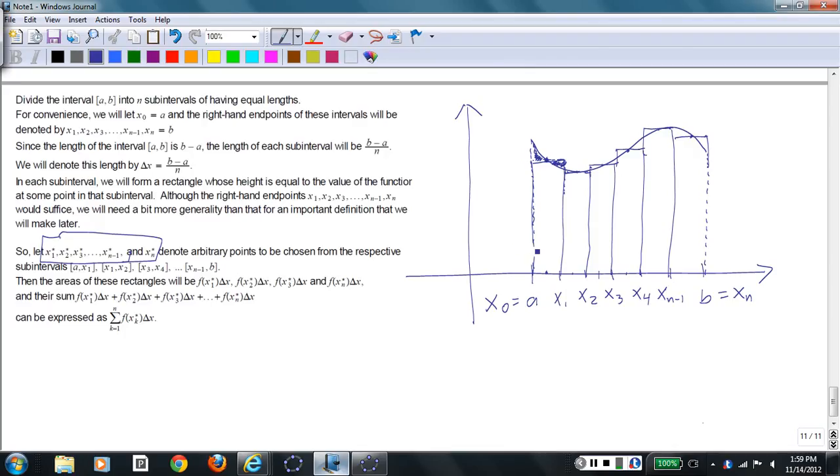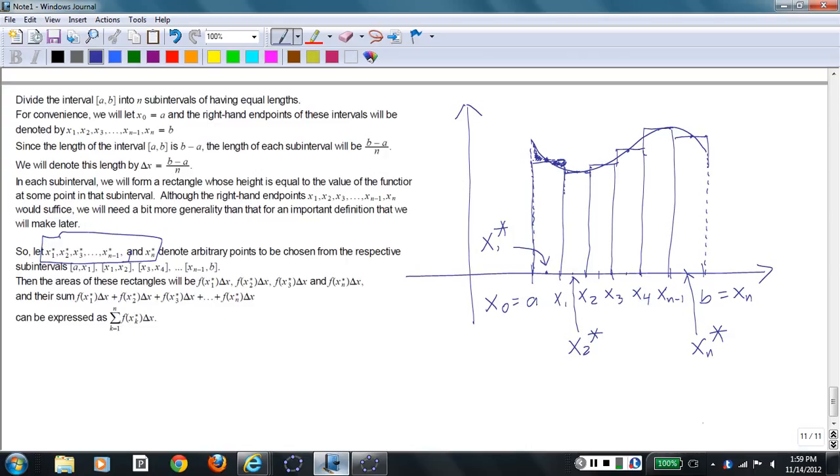This first one is called x sub 1 star. The next one is called x sub 2 star. And so on until the last one is called x sub n star. It's important to know exactly what those values are because we would evaluate the function at those values, and the function values tell us how high the rectangles are.